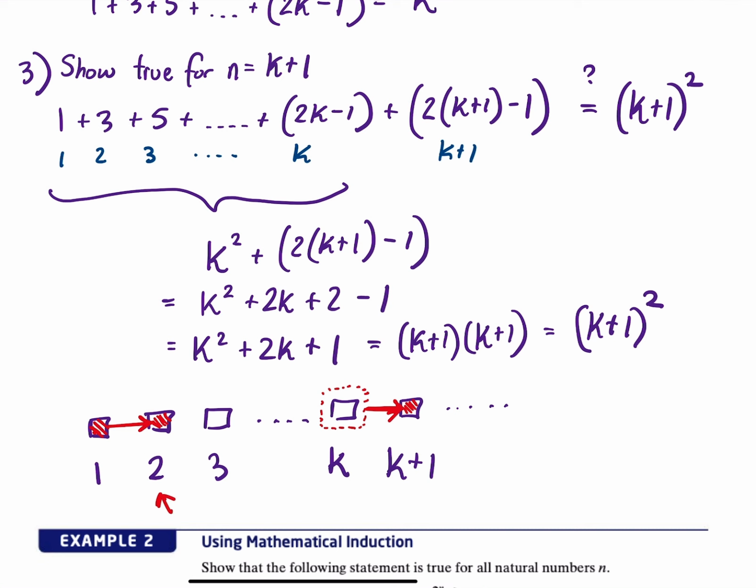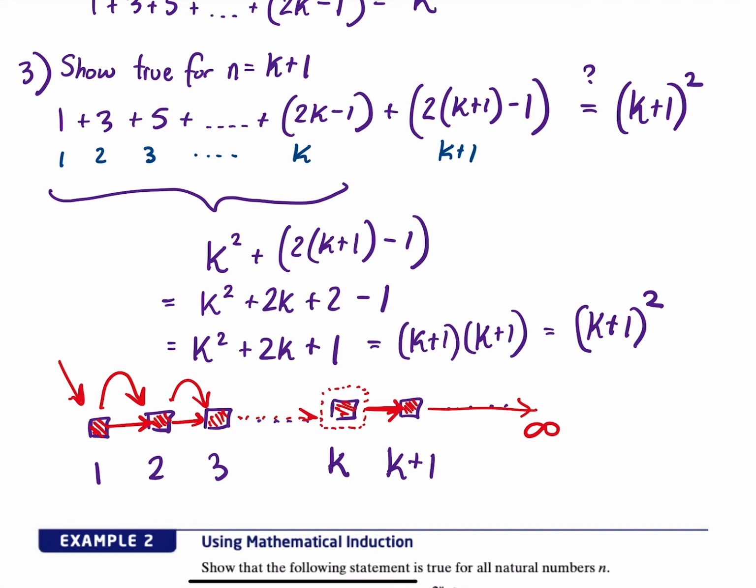It's like 1 plus 1. Well, since it's true for 2, then it's going to be true for 3. And so this continues. It almost lights up all of these little boxes, and it just continues up through infinity. So from 1 to infinity in the natural numbers, since we know it's true for the first term, and if it's true for one term, it's true for the next term, it's going to be true for all of these next terms.